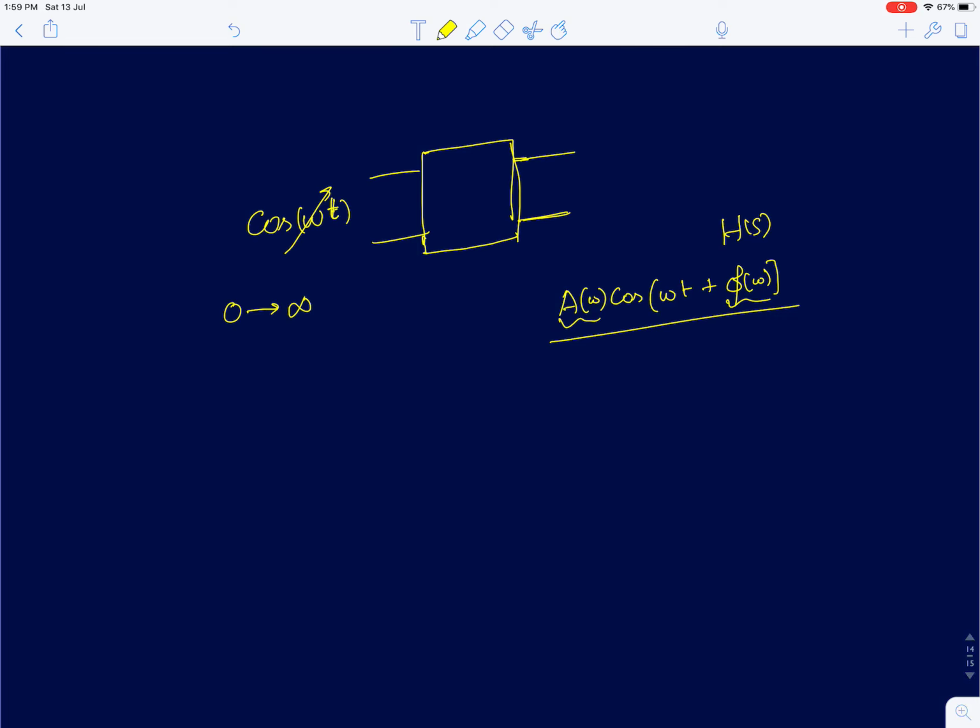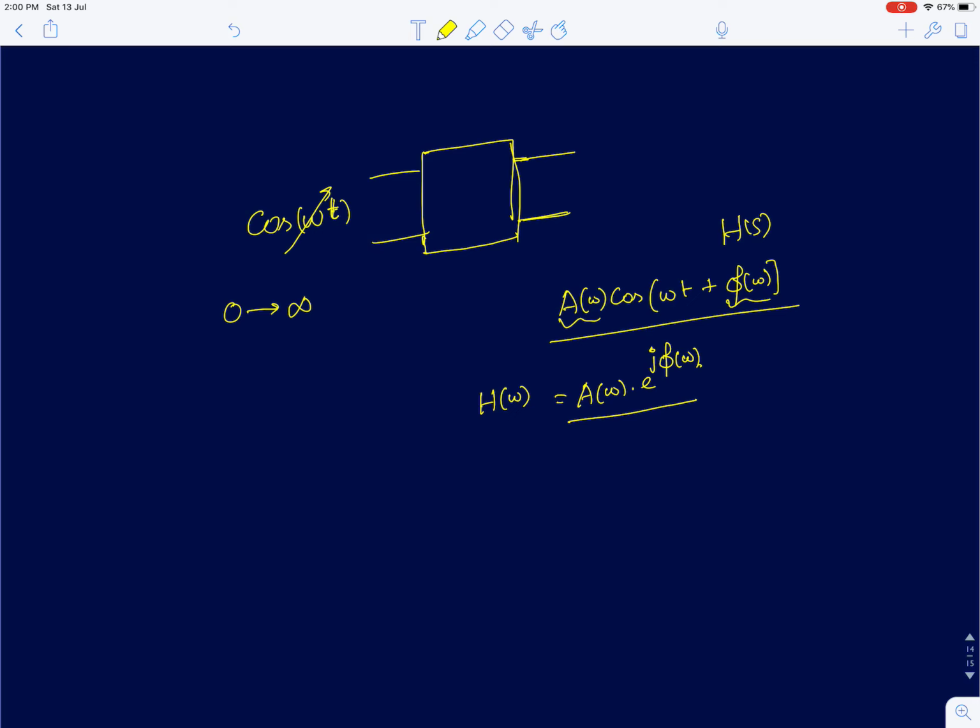The only difference is the amplitude and phase. So I will form a complex number taking the amplitude and phase. Now this complex number contains information about the system's response to different frequencies. So I am going to call it H of omega, which is the frequency response.